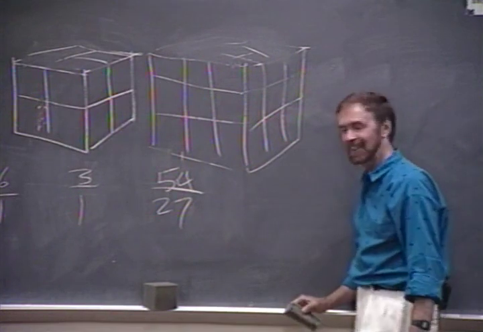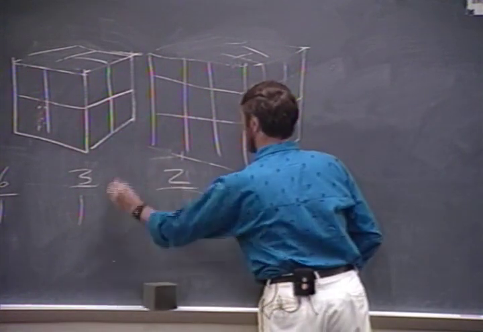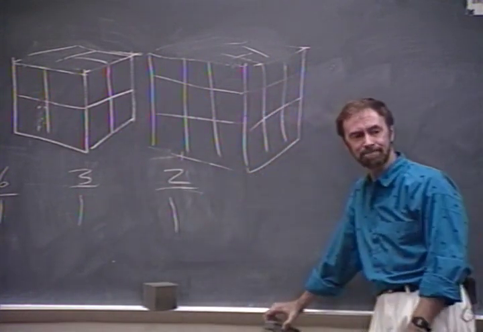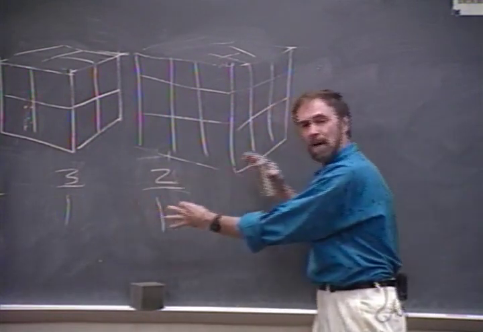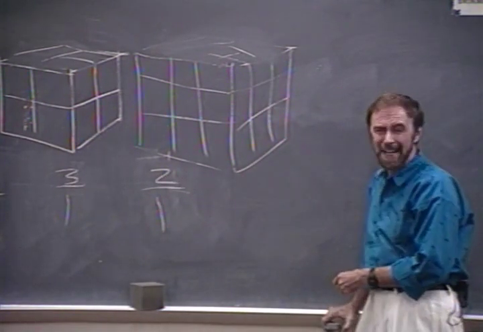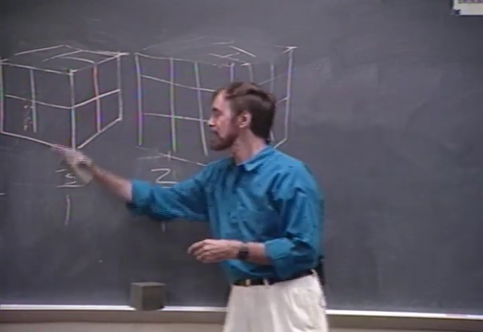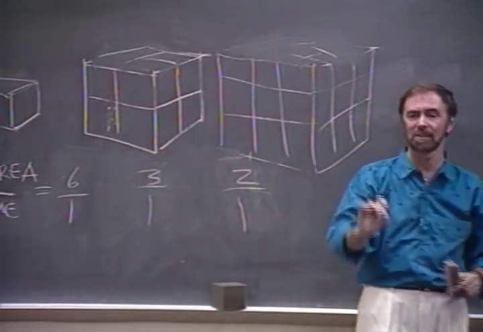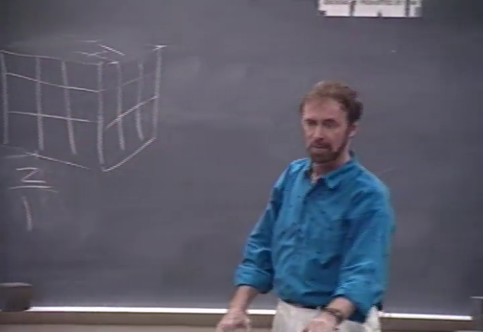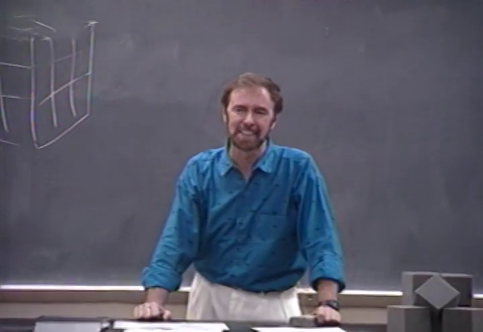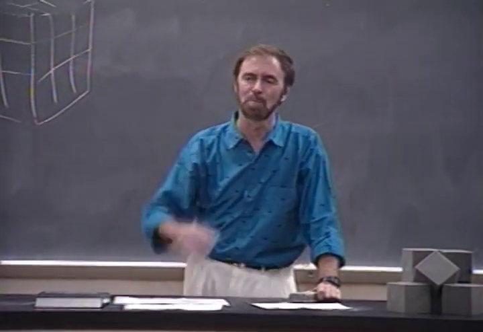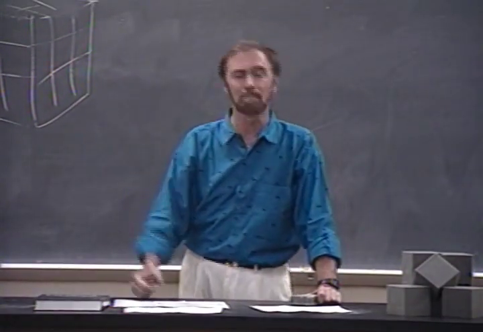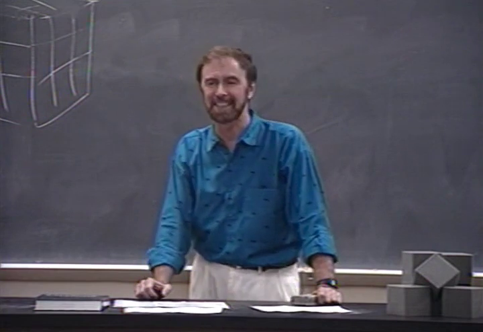It's 2 to 1. Okay? The message is this, gang. As things scale up, up, up in size, the ratio of area to volume goes down, down, down. That means little things have more skin, more surface, compared to their volume, than big things.